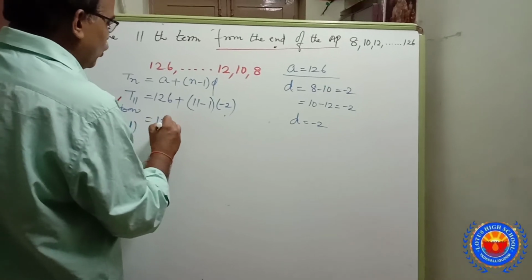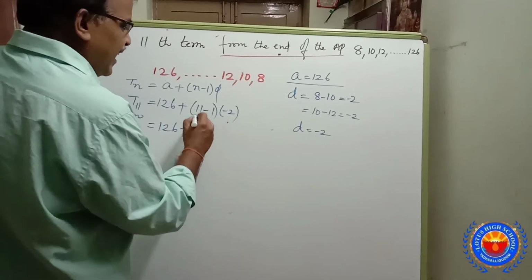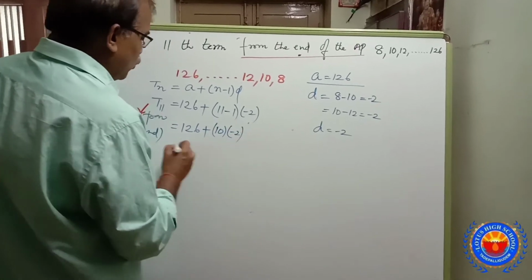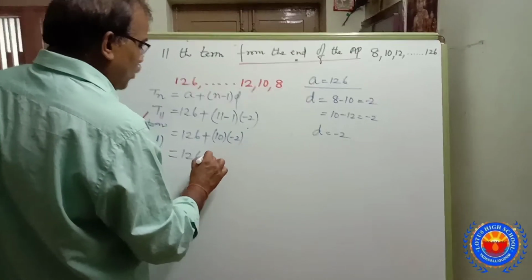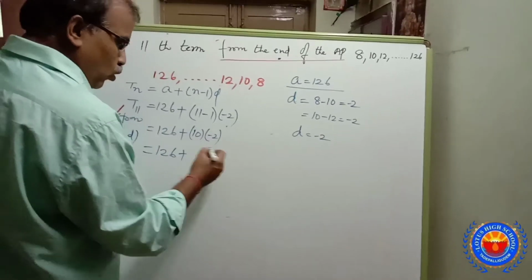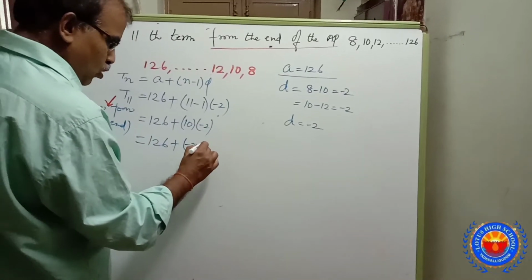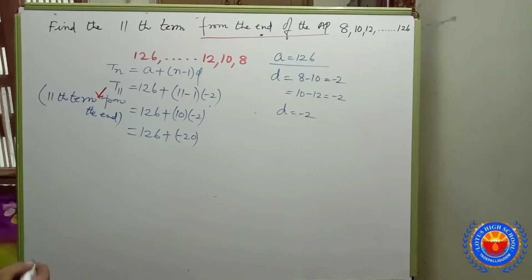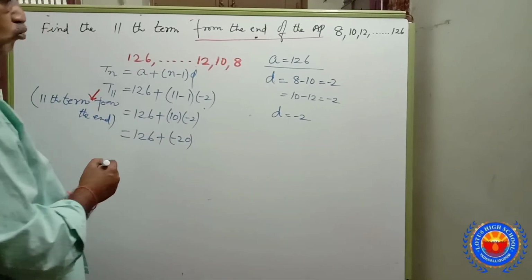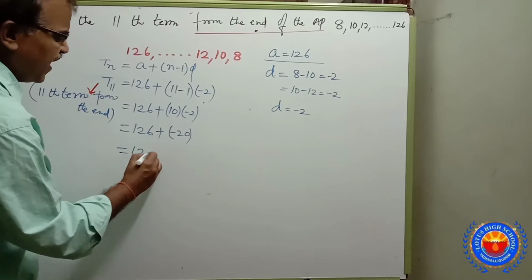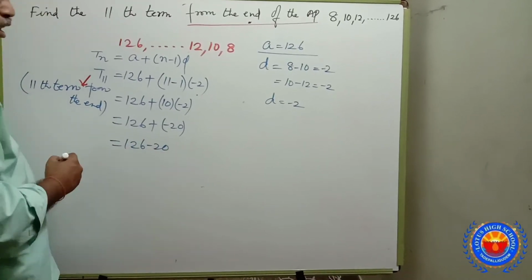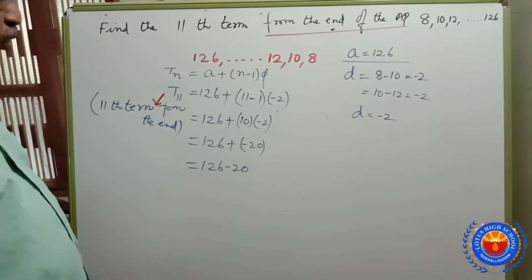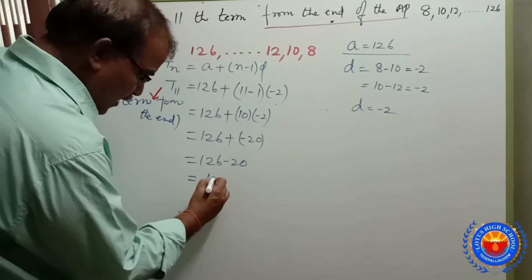So this is equal to 126 plus 10 into minus 2, that is 126 minus 20, which is equal to 106.